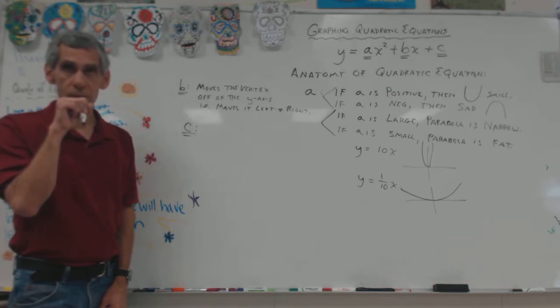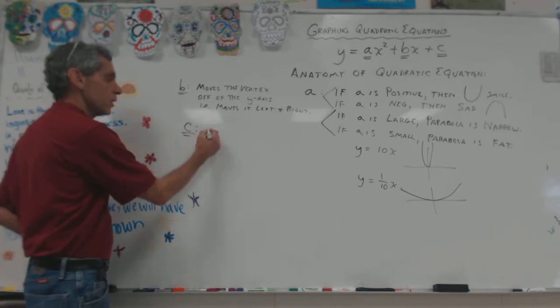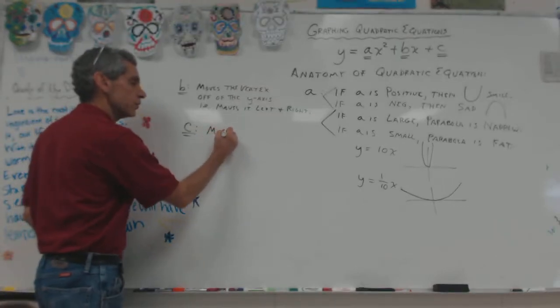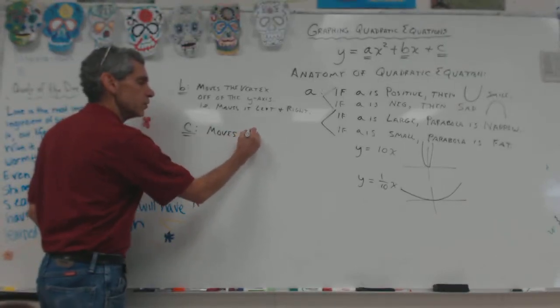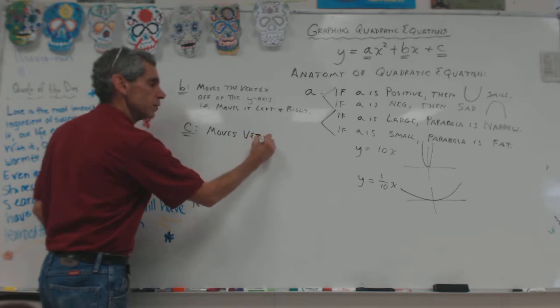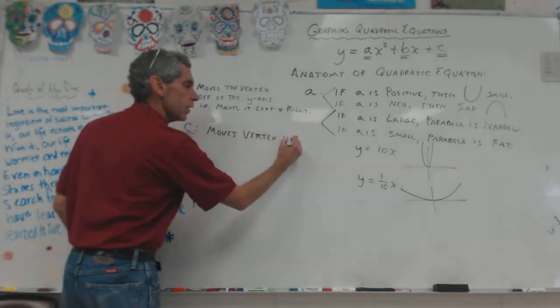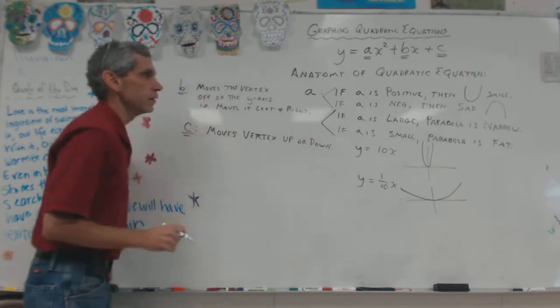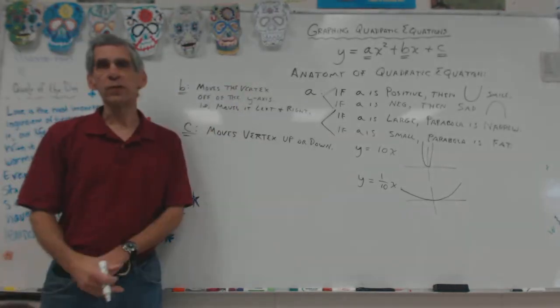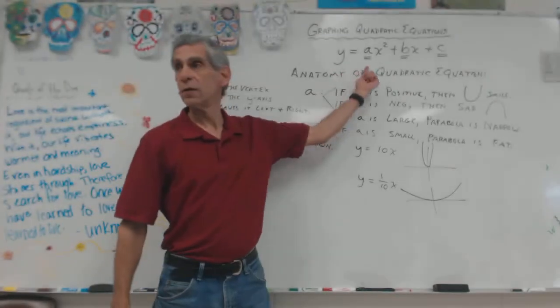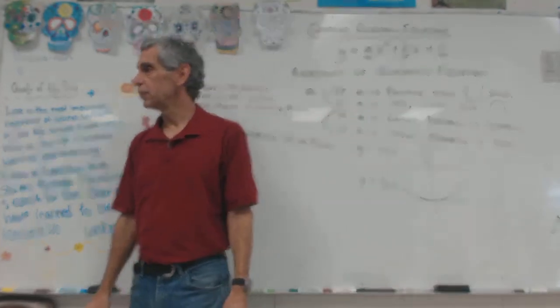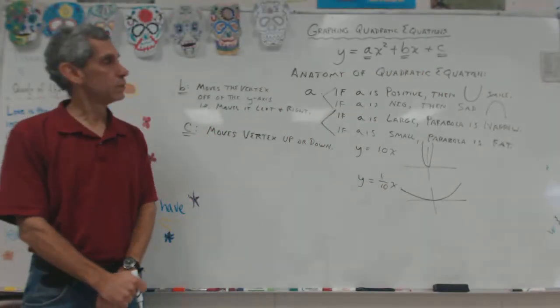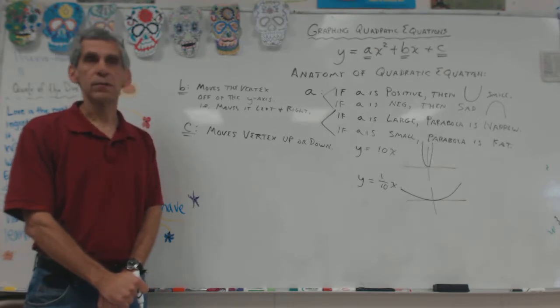Up or down? Yes. Okay, good job. Good thinking. C moves the vertex up or down. And then, what if I made x equal to 0? Look at this equation right here. If I made x equal to 0, what would you get? Y equals what? C.